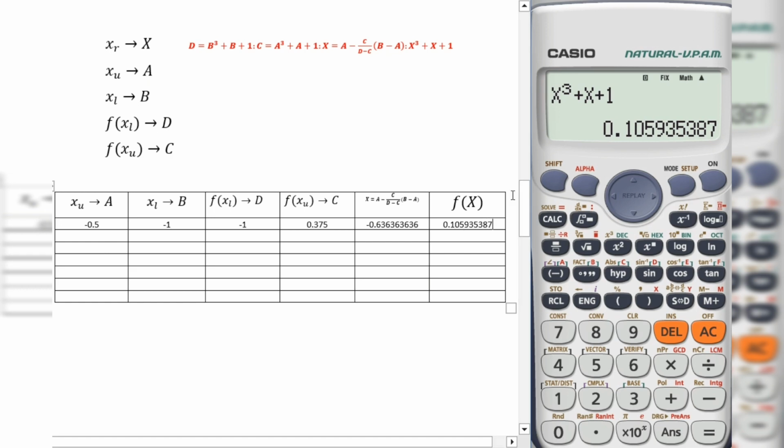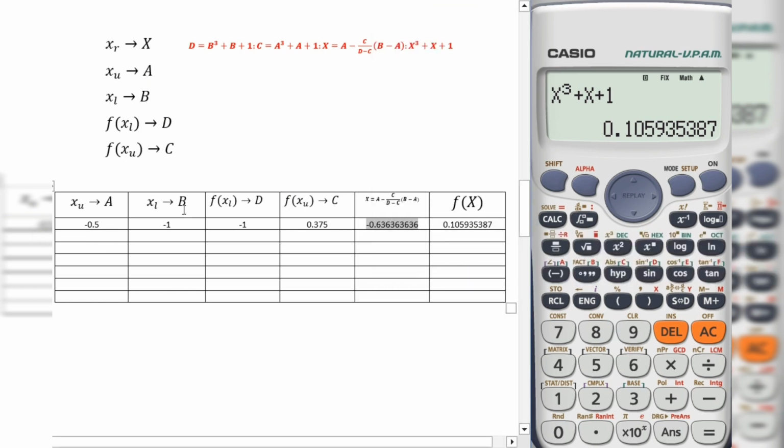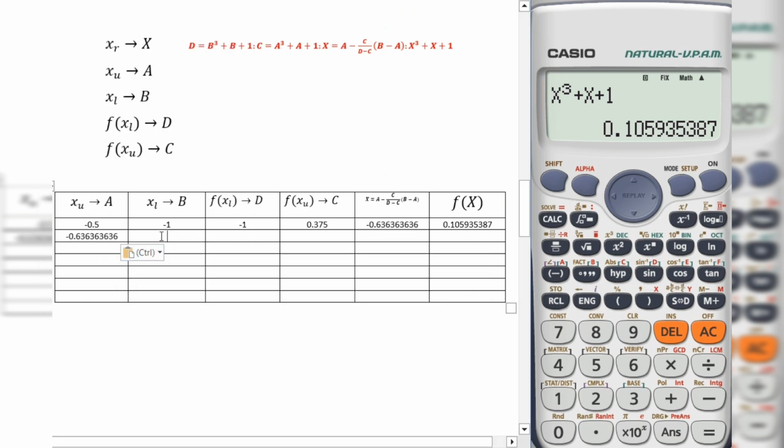Now we know that for this position the function value is positive. Therefore our root is between A equal to this value and B equal to minus 1, D equal to again minus 1, and C equal to this value.